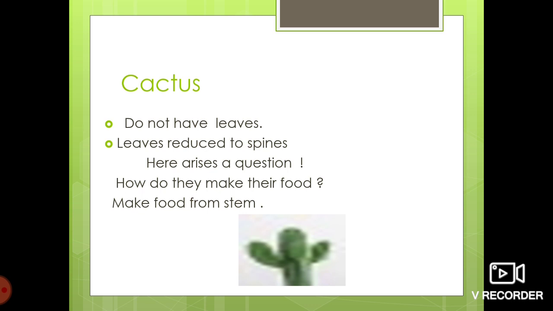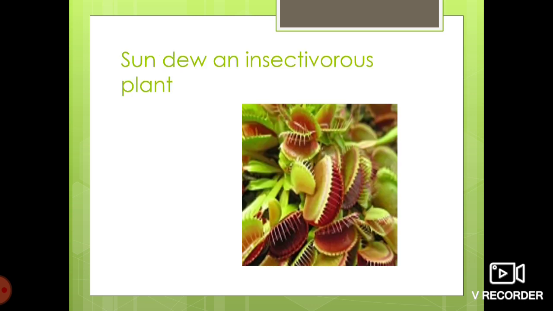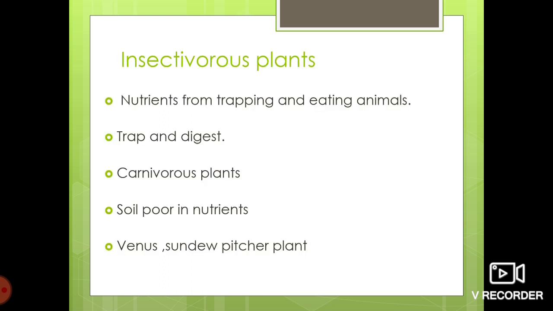Now let us discuss insectivorous plants. It is an image of insectivorous plants. It's the example of sundew, which is an insectivorous plant. Have a look at the picture. Now, what are insectivorous plants?